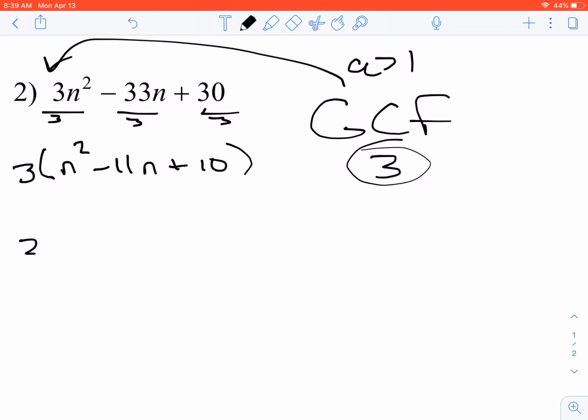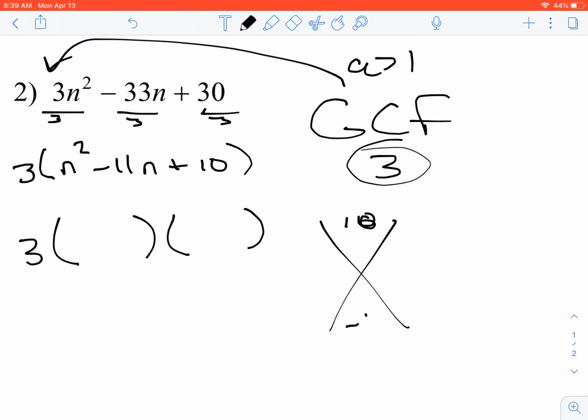So now I know my answer is going to be 3 times 2 binomials. Those 2 binomials we can factor by putting the 10 up top and the negative 11 on the bottom. What are factors of 10? Well, factors of 10 are 10 and 1, 5 and 2. So where can I get 11? I can get 11 right here.